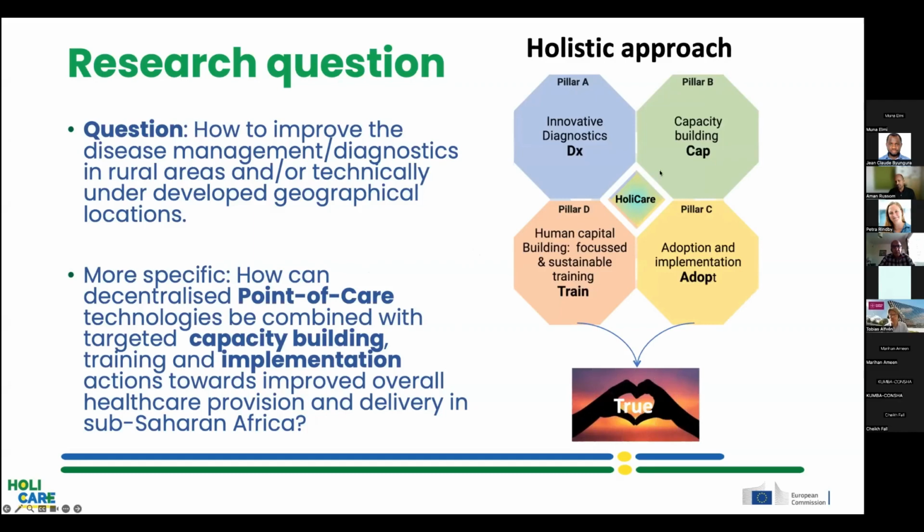So the holistic approach I've been talking about is that we do it by developing innovative diagnostics, combined with capacity building, including human capacity, a focus on sustainable training, and adaptation in terms of looking for business models and systems that could be adapted for lower to middle income countries.